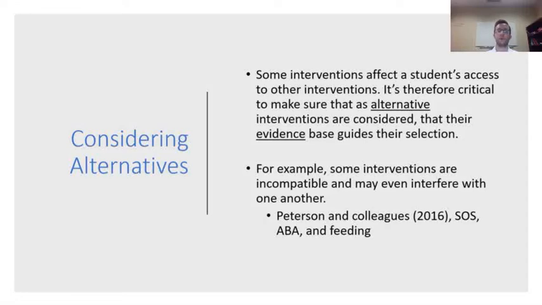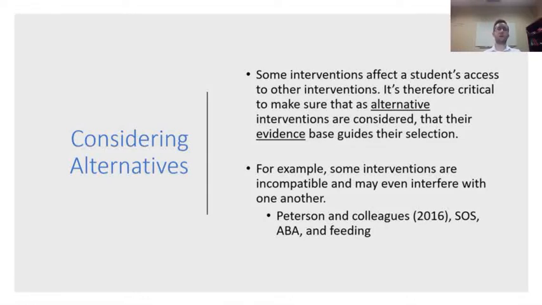So, for example, there are some interventions that are incompatible and may even interfere with one another. Okay, so it's not just a problem when you're selecting alternative interventions that you may select one that doesn't have an evidence base or a strong evidence base, but you also might select an intervention that interferes with the effects of an evidence-based intervention.